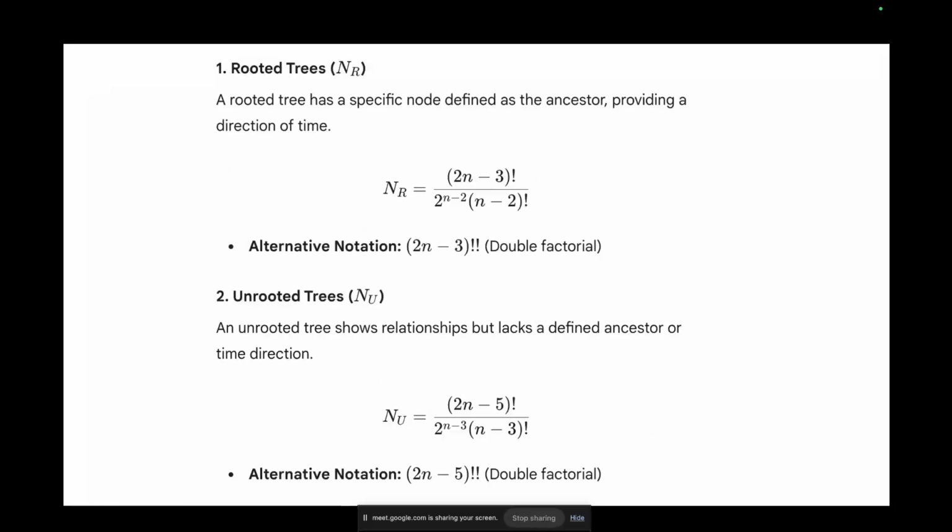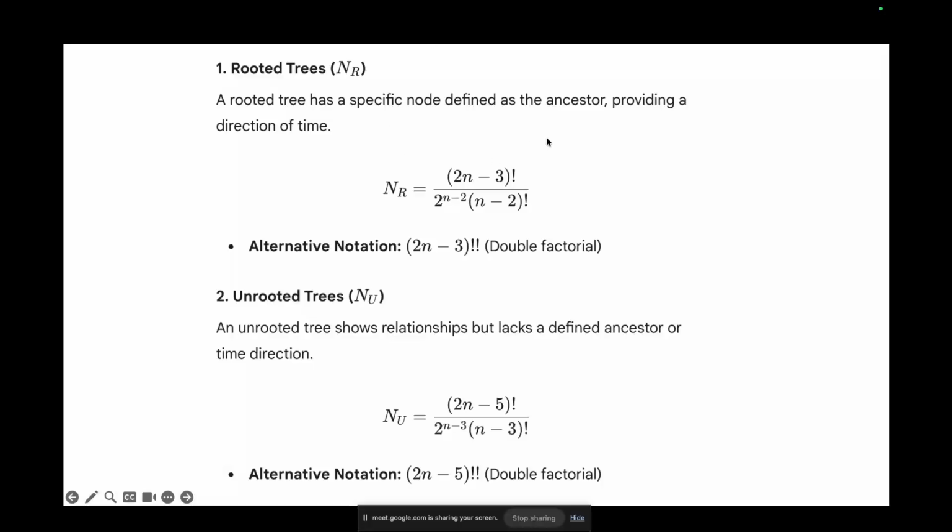Now, one important thing, this is more important for your exam than for your understanding: small problems can come from this. If you have n proteins or individuals in a tree, what is the total number of rooted trees possible? What is the total number of unrooted trees possible? So these are the notations.